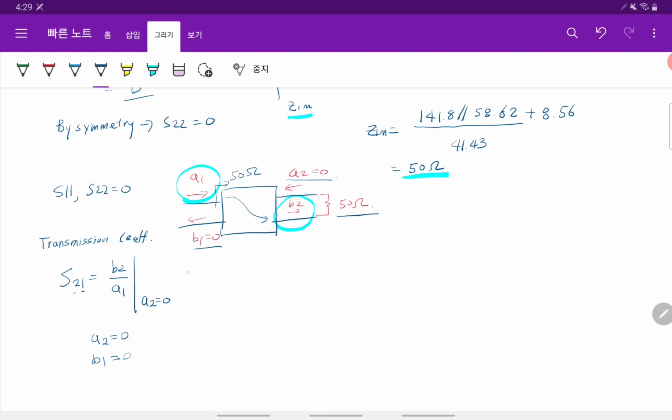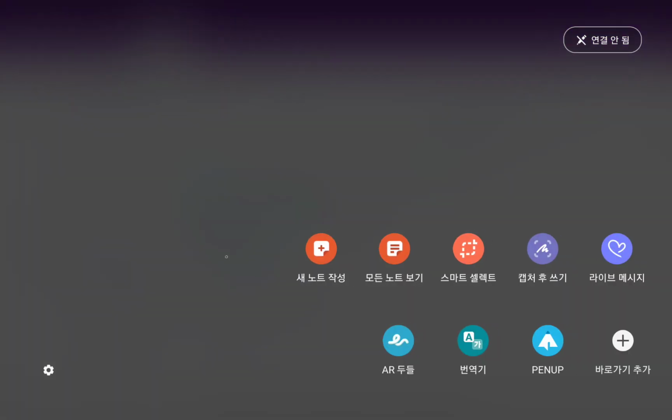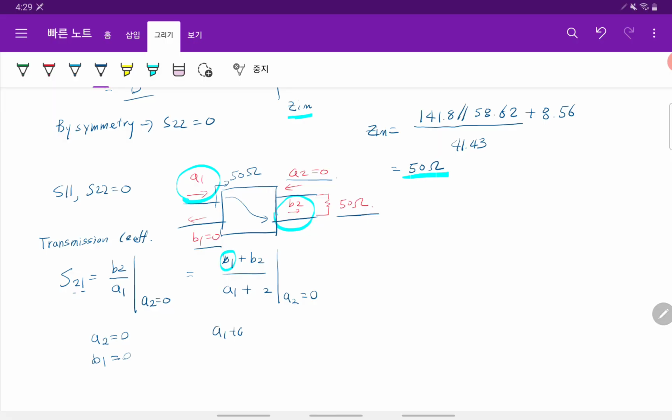So if we add A1 and B1, and for the other port A2 and B2, it should be the same because this one is 0, right?